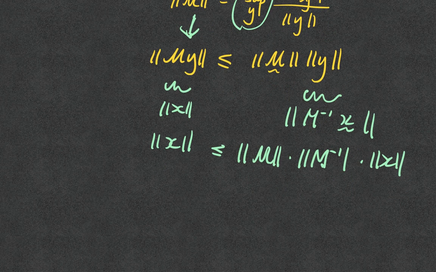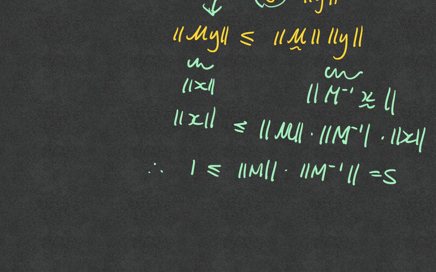So I take out the norm of X, and I end up with 1 having to be greater than or equal to the matrix norm of M times the matrix norm of M inverse. And that is actually the stability constant, and the stability constant is always greater or equal to 1.